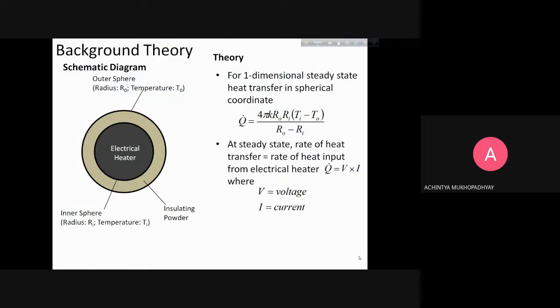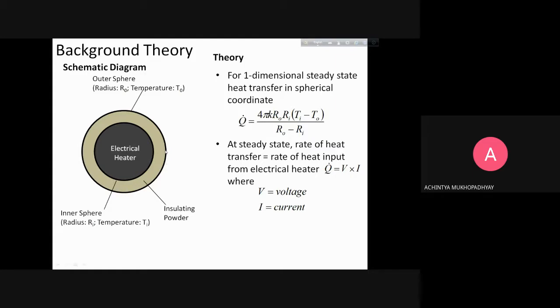Okay. So here what we do. Basically we have an electrical heater inside, and there are two metallic shells. The metallic shells ensure that there is a very negligible temperature variation, circumferential and azimuthal, polar and azimuthal.